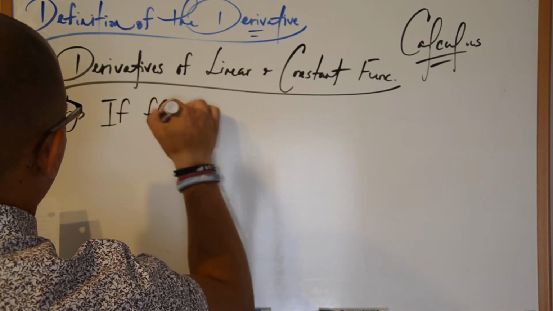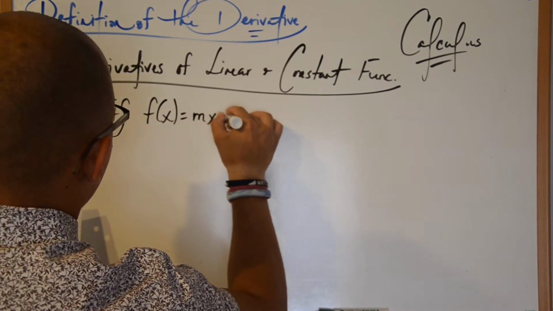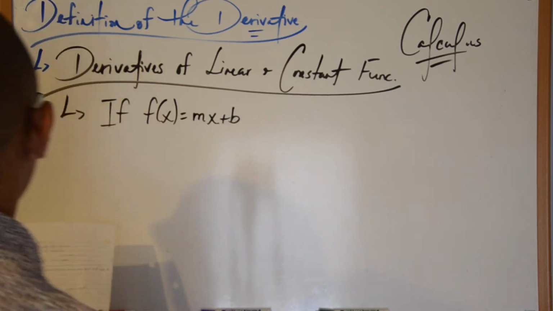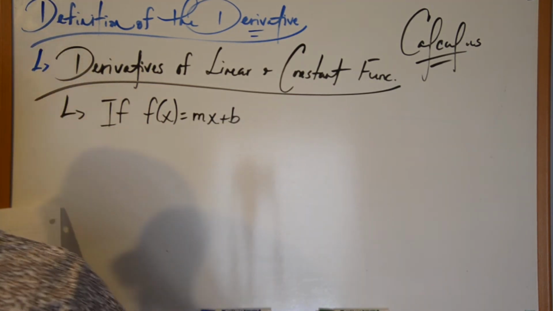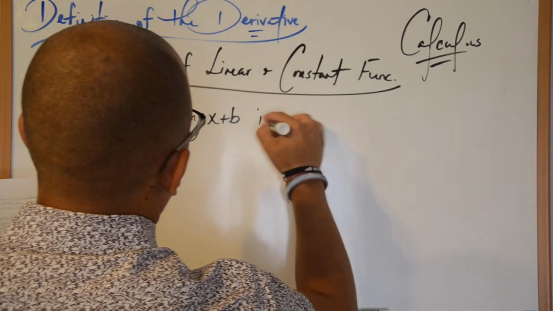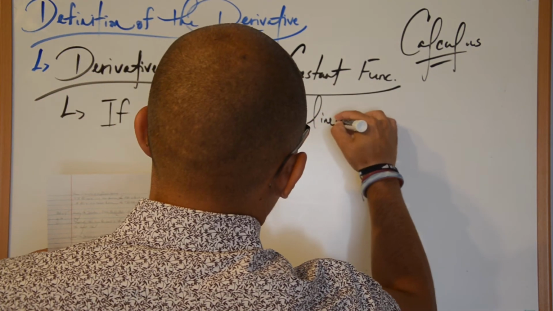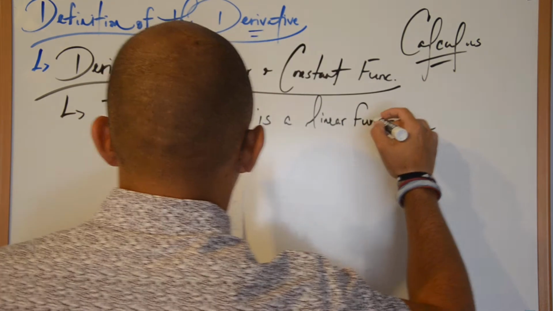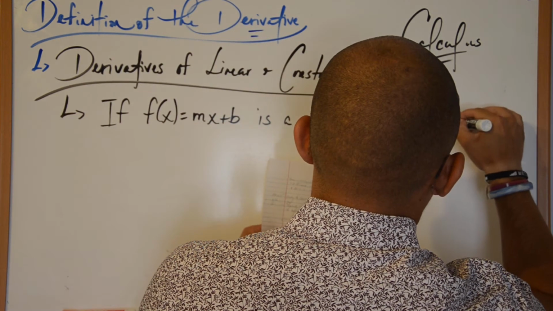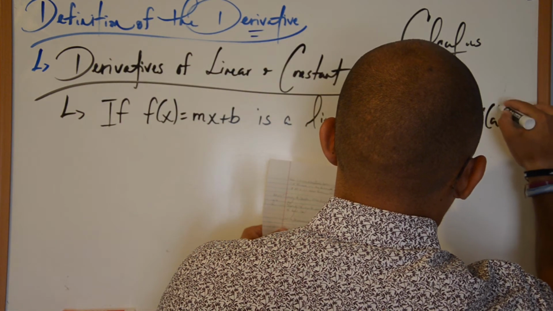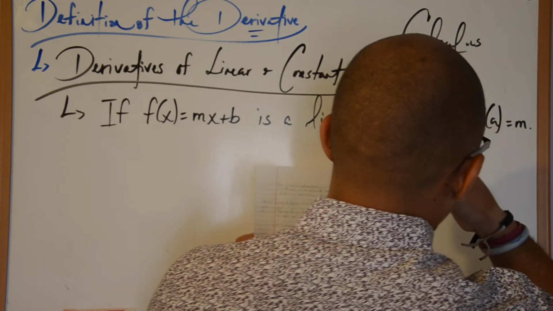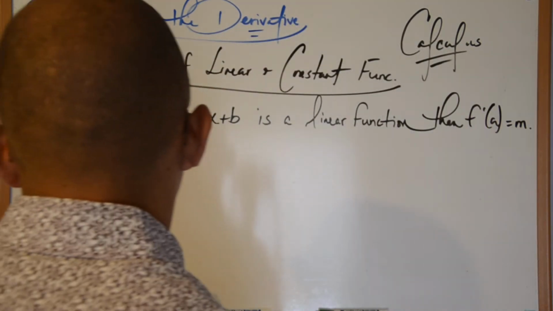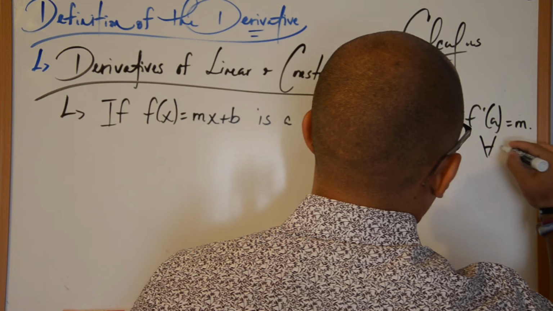So if f of x is equal to mx plus b, your stereotypical slope-intercept linear function, then f prime of a is equal to m, so whatever the value of the slope is, for all a.